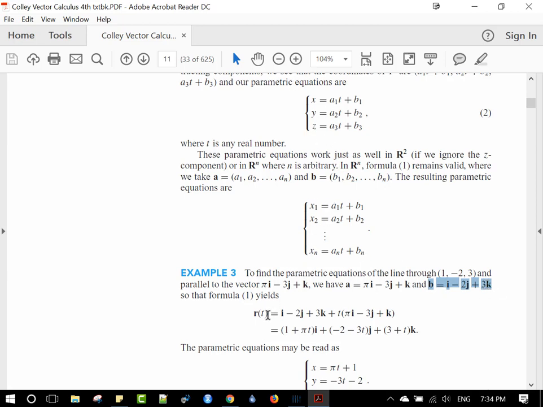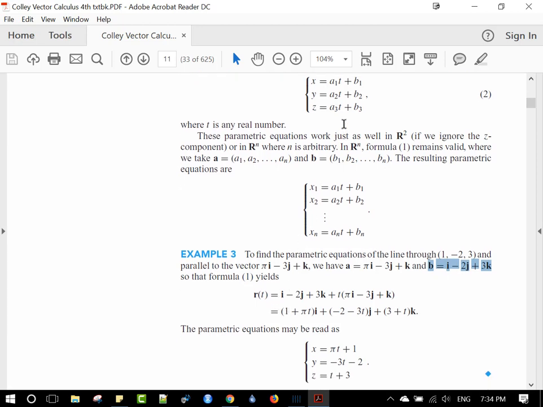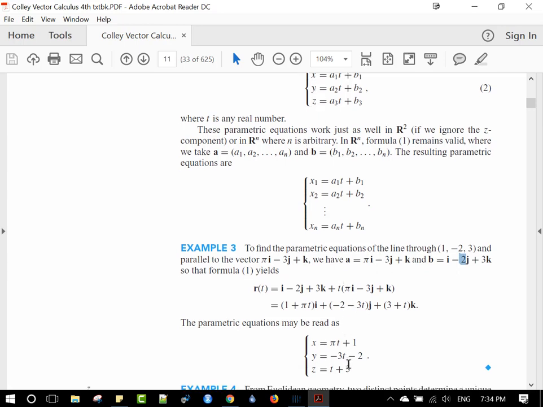Basically we get a1 and b1. So our a1 is pi, and our b1 is 1, and our a2 is negative 3, and our b2 is negative 2. We just fill these in, and we get hopefully this. So pi and 1 and so on. So now we have the parametric equations.